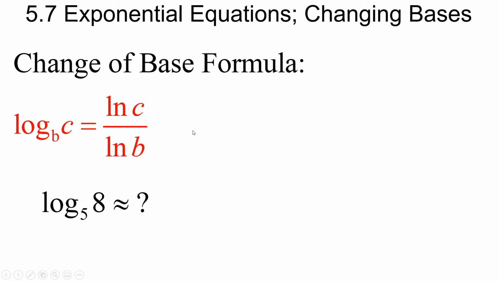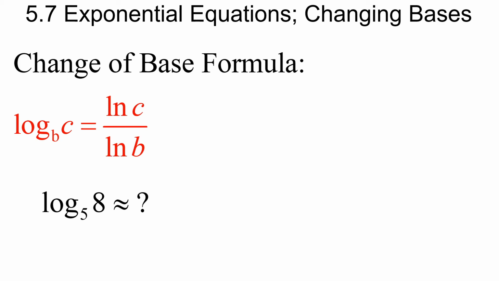Simple. So with that, I could do something like this, which I cannot do in my head. 5 to the what power is 8? I could approximate that, but I can't get a real good approximation in my head. But I can take out my calculator and simply go the natural log of 8 divided by the natural log of 5. I'm going to do that right now on my calculator.